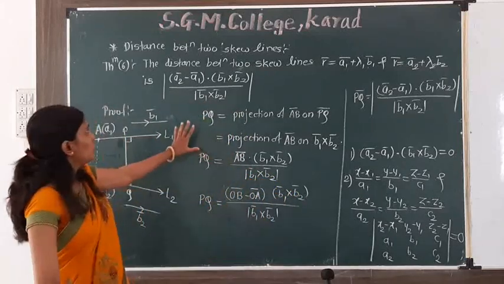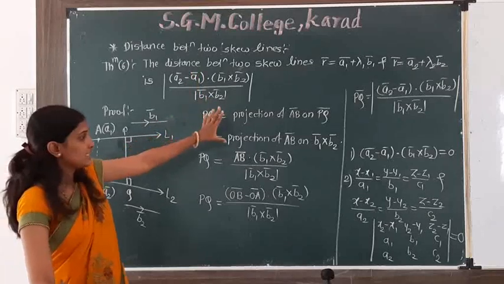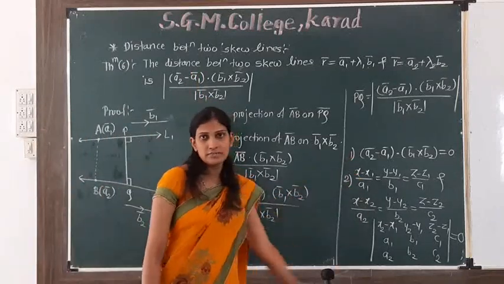This is the formula of the distance between two skew lines and these two remarks.